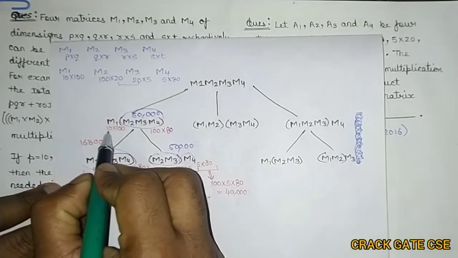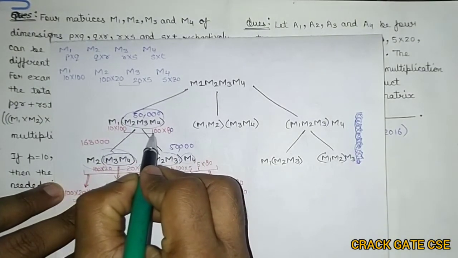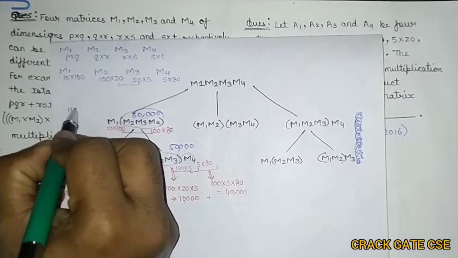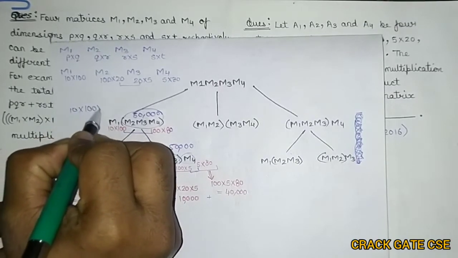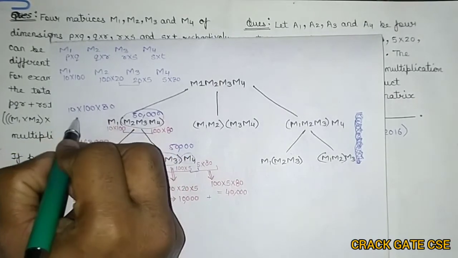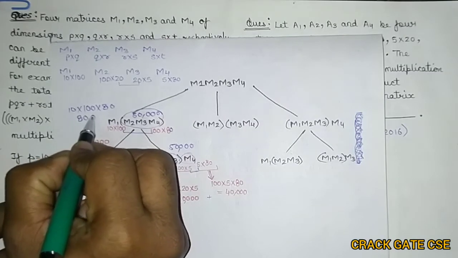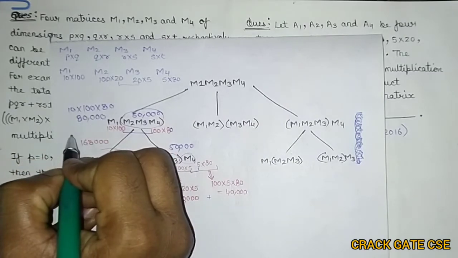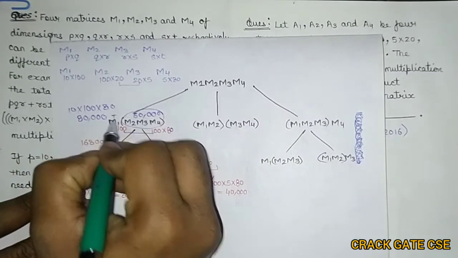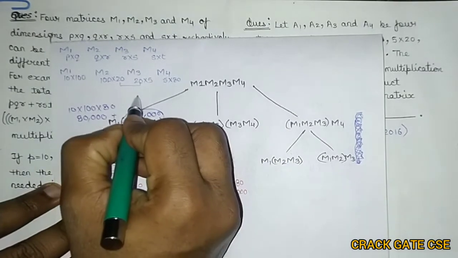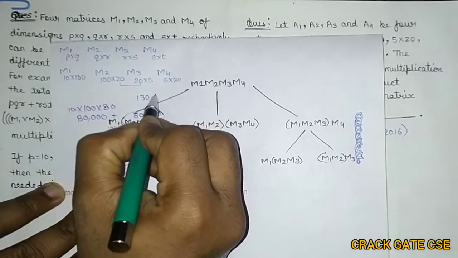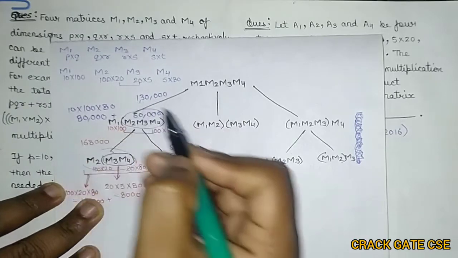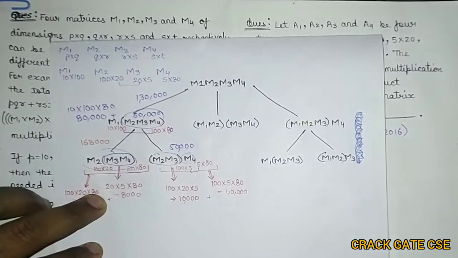So we'll be getting 10 into 100 into 80. What will it be? It will be 80,000, right? So if I add this 80,000 with this 50,000, I will be getting 1,30,000 for this particular branch.